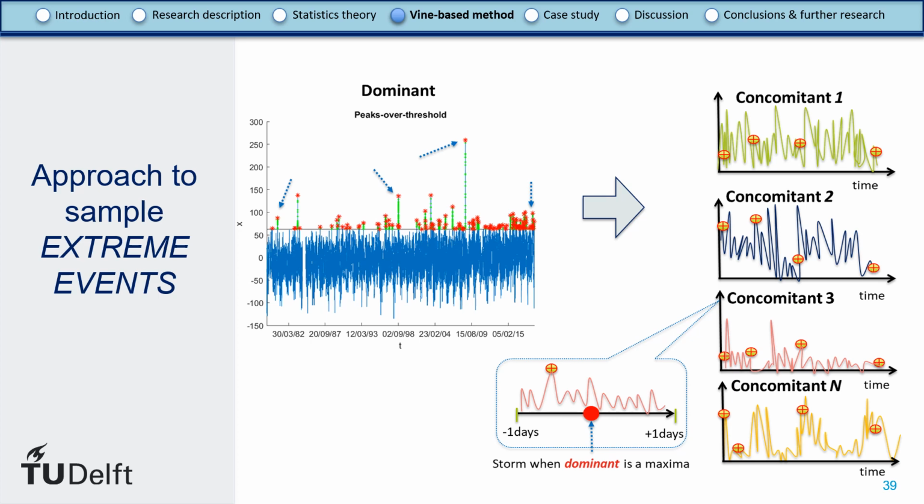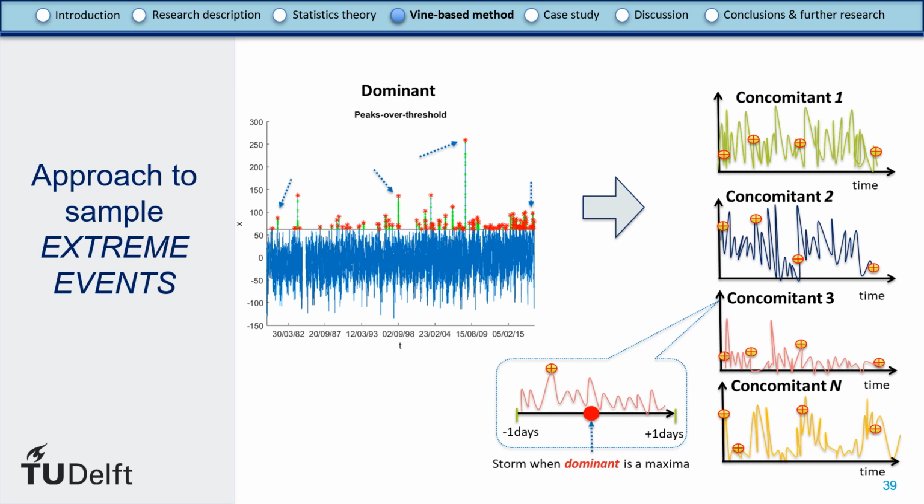So basically, we first sample the peaks or the extremes for the dominant variable, and we then go to the concomitant variables and we select within the same storm that these peaks happen. For example, we select the maximum value that occurs for all the concomitant variables.